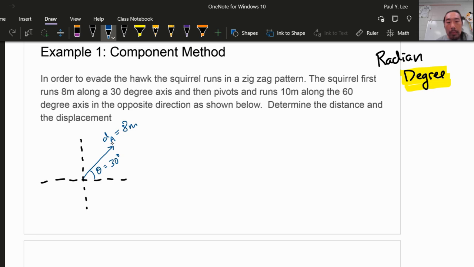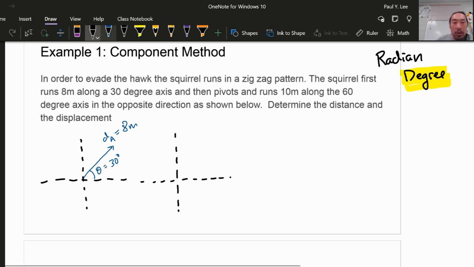Okay, remember that capital letter A is a subscript, so it goes slightly below the variable d for distance. And then the squirrel also pivots, right? And pivots and runs 10 meters along the 60-degree axis. So let me show you the vector that we're going to be working with.